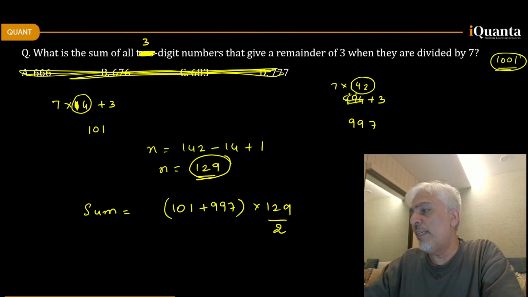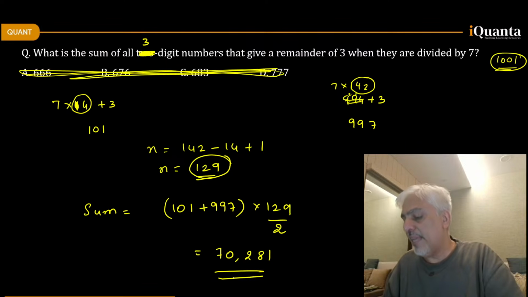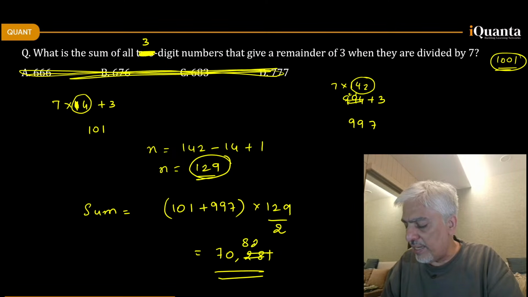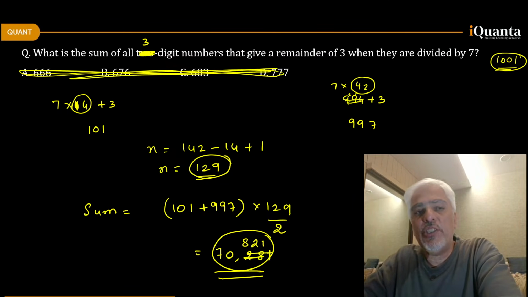Prem, you're making too many silly mistakes. Please avoid your silly mistakes. 70,821. So do you realize, same question, when 2 digit becomes 3 digit, your thought process has to change a lot.